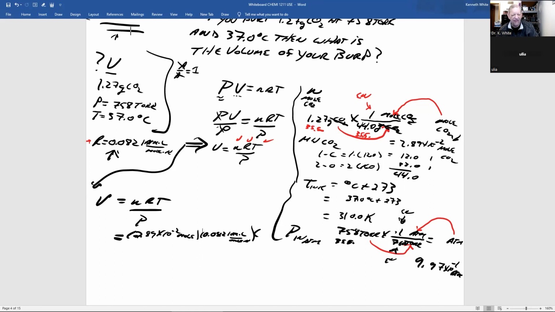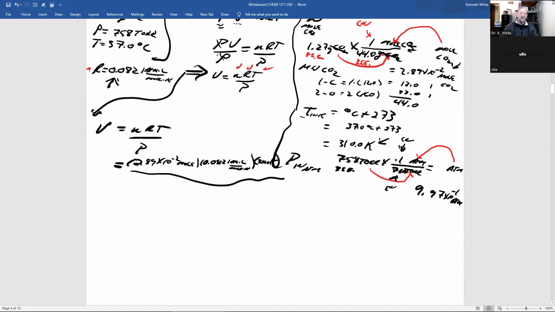And then we have our temperature in Kelvin, which is right here. And this all will be divided by, sorry about the non-straight line, anyways, by the pressure, which we calculated here.